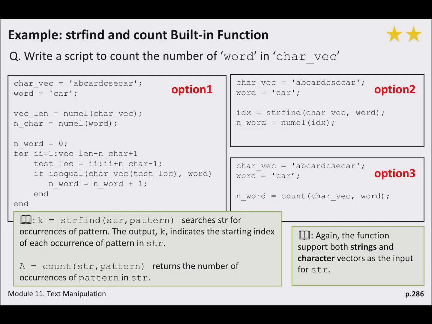So how to count the number of appearances of the given word in the character vector? This is exactly the same question as in quiz 3, right? How to compute the number of word appearances in the character vector. The logic that we learned in the previous module is that we can scan, let's say the word is this 1 by 3, 3 characters.